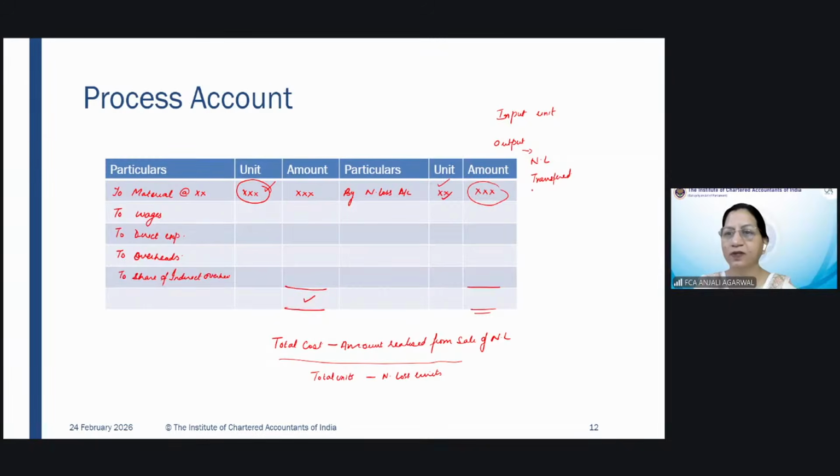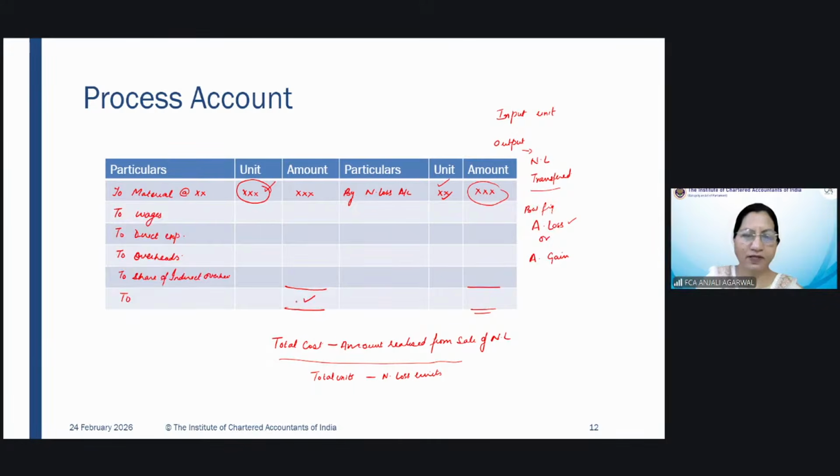This will give you the balancing figure, which will be assumed to be abnormal loss if the output is less, or abnormal gain if the output is more. So if the output is less, abnormal loss is appearing, then this completes the picture. But if the number of units of output is more, then there is abnormal gain.